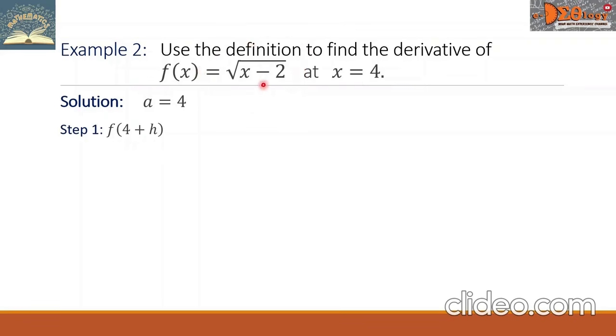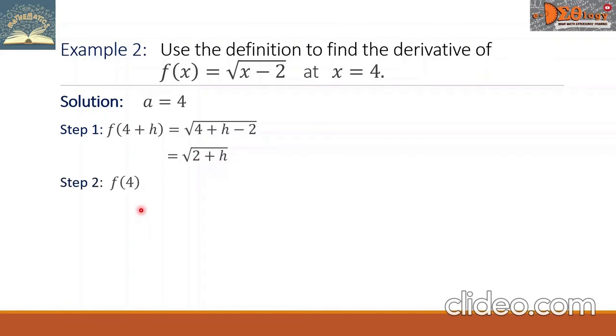Consider our function here. We're going to change this x by 4 plus h. So we have the square root of the quantity 4 plus h, then the minus 2. We can remove the grouping symbol, and then we combine 4 minus 2. So we have now the square root of 2 plus h.